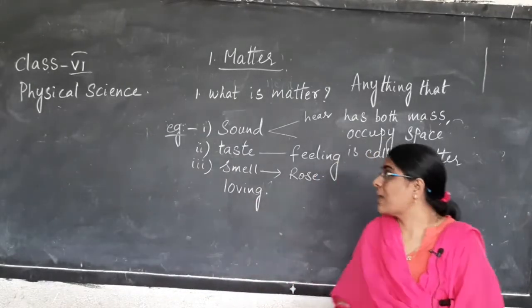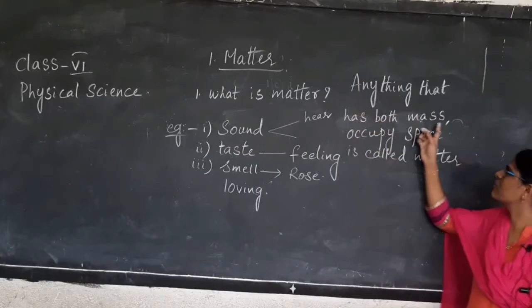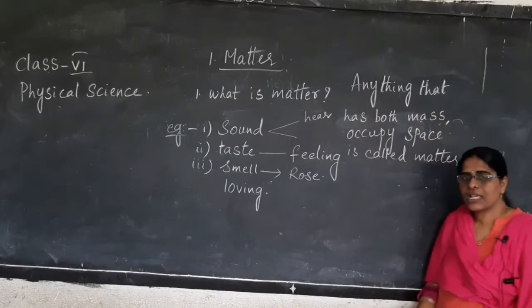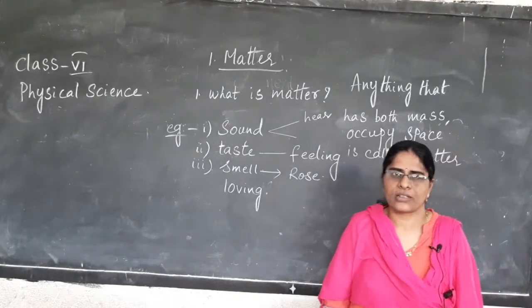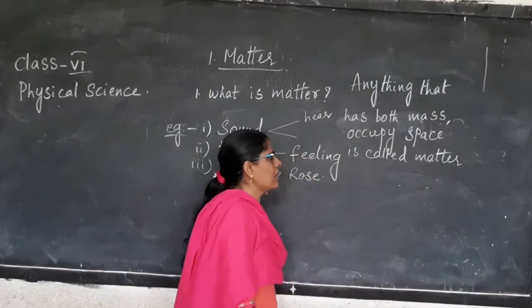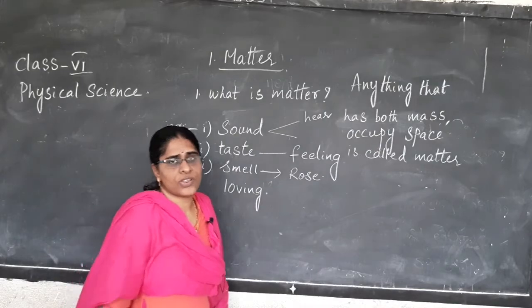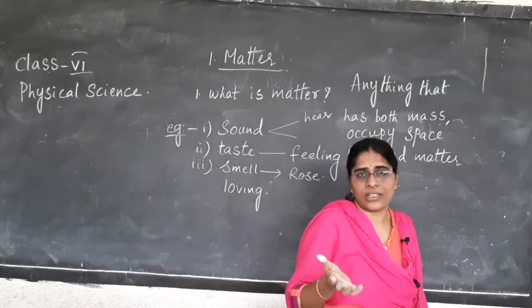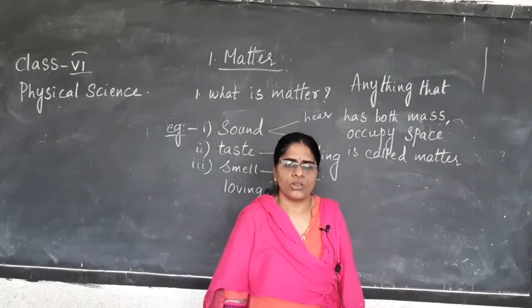Now, what is matter? Matter is that which has mass and occupies space. Like the pencil box, I have given you an example. Like your bench, you are sitting on a bench in school.